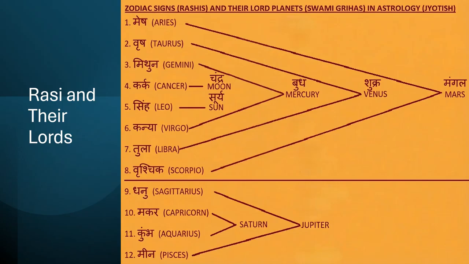Whenever we say number 4, suddenly Cancer should come into your mind. Number 4 means Cancer Rashi, and the Lord is Moon. Number 9, Sagittarius, Lord is Jupiter. Number 11, Aquarius, Lord is Saturn. So this should be fed in your mind. Otherwise, you'll face a lot of difficulties. I might say something, then you might not be able to make out what that was, how that happened. So this is very important. This is the first task.